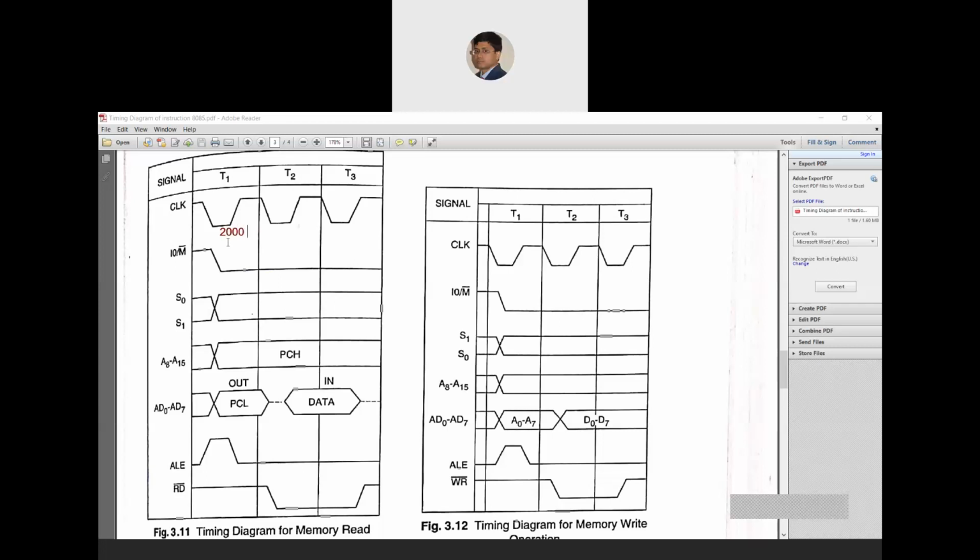Suppose you have written an instruction at 2000 location, that is MOV A comma M. Previously you have already performed one instruction.